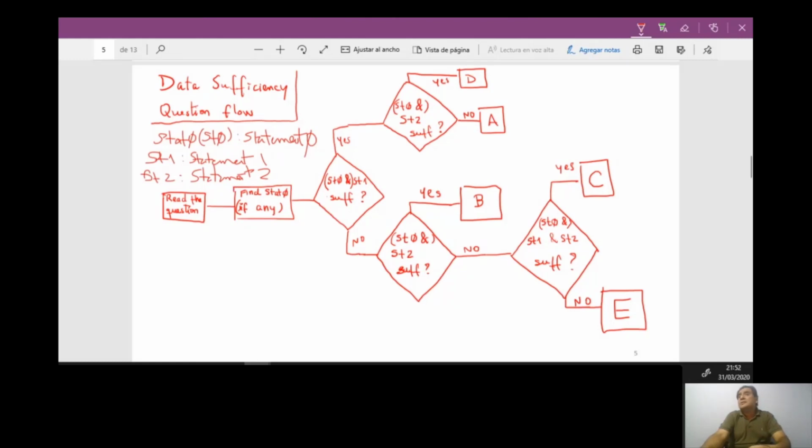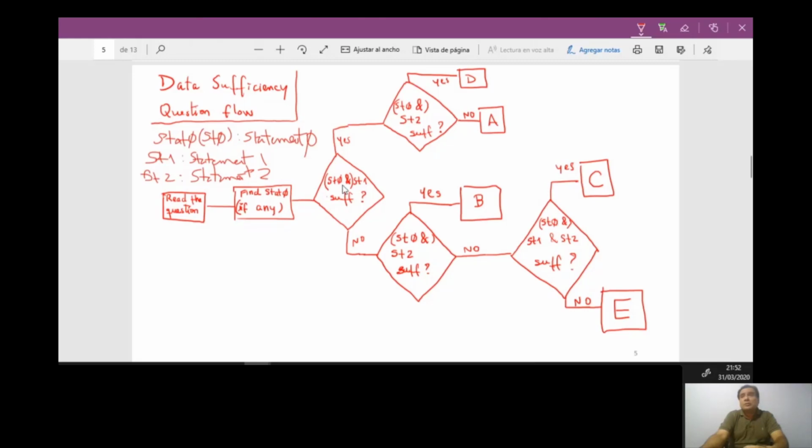So what is your first step to approach data sufficiency questions? First, read the question, of course. You need to read the paragraph or the text of the question really carefully. You need to notice, if any, the statement 0. Spot the statement 0 and take note of it, because it's very important.